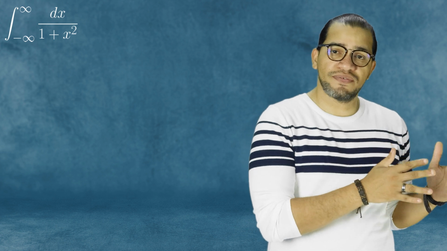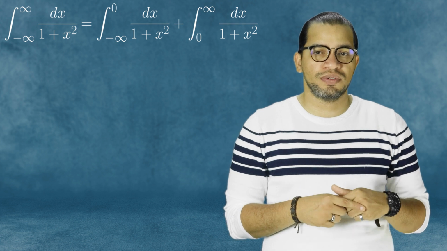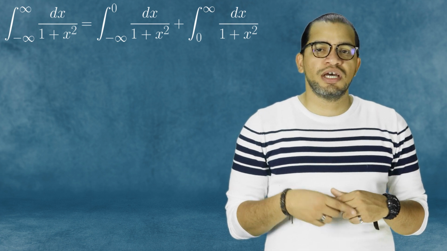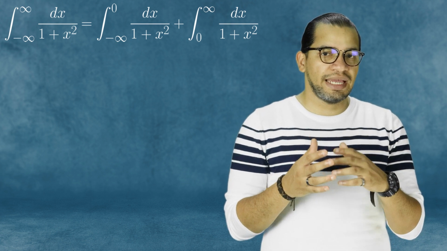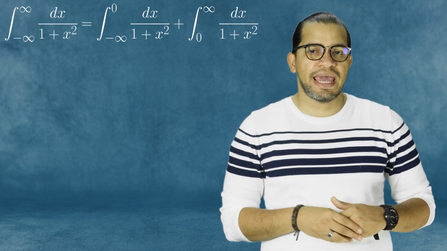For example, let us try to find the area under the curve of the function f of x equal 1 over 1 plus x squared from minus infinity to infinity. The way that we will do that is by solving the improper integral from minus infinity to 0 of f of x dx plus the integral from 0 to infinity of f of x dx.